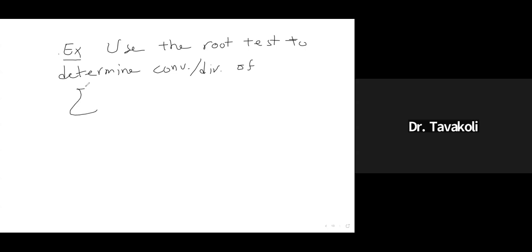Sigma of (2k plus 1 over 5k minus 1) to the power of k as k runs from 1 to infinity.